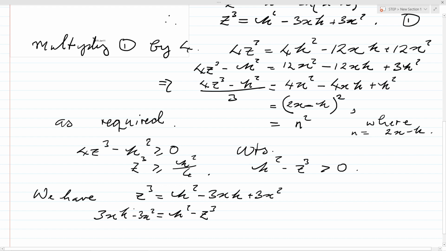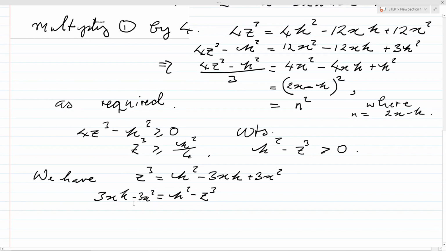Right, so why is this positive? Well, let's see. Again, it seems obvious to factor out. So we get 3x, and then we get k subtract an x. And what do we know about this term? Well, at the moment, nothing much.